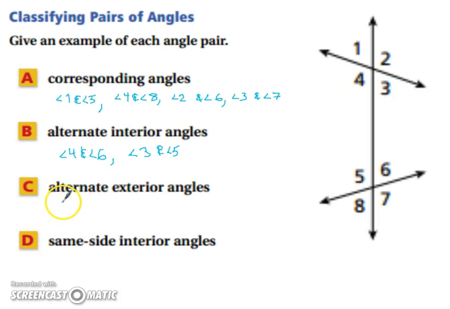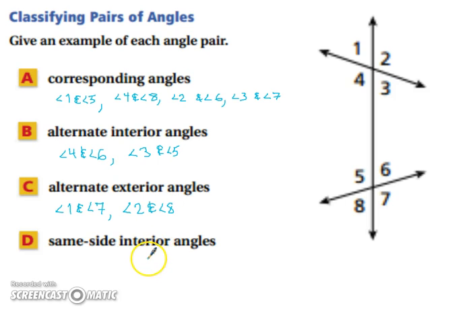Okay, alternate exterior angles. Very similar to the alternate interior angles, only we're dealing outside, exterior. So angle 1 and angle 7 are an example. Can you find the other example? Try it out. Okay, the other one would be angle 2 and angle 8.